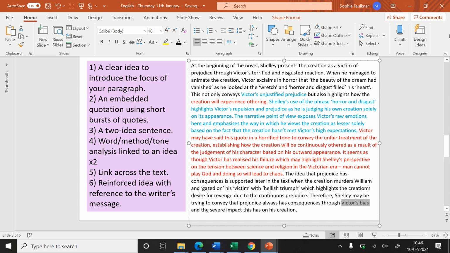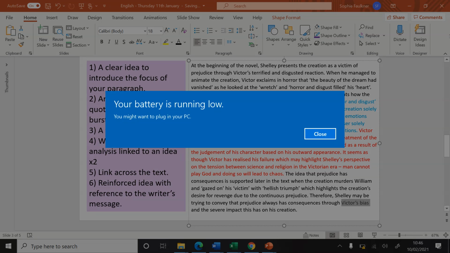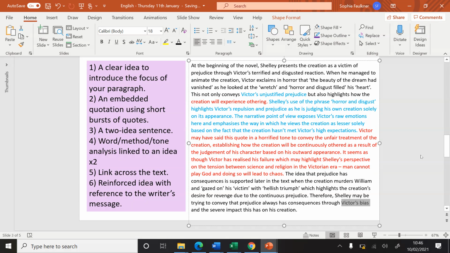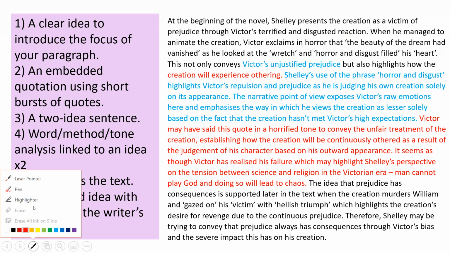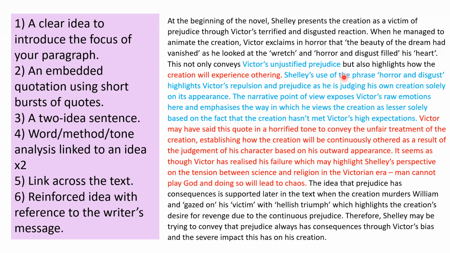It's the same as if you were to hear a rumour at school and you only asked one person, that would only be one side of the story. But if you were to ask the other person, you would gain a greater knowledge and understanding of the scenario. So that is my paragraph, and in that paragraph I have included analysis of the narrative point of view.